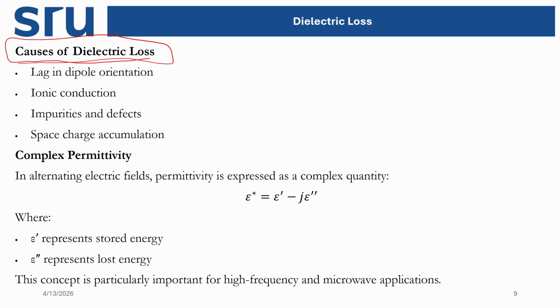What are the causes of dielectric loss? What is the reason behind dielectric losses? One is the lag in dipole orientations. Inside the compound, charges will be oriented after the application of the electric field, but does this orientation take place instantly or not?